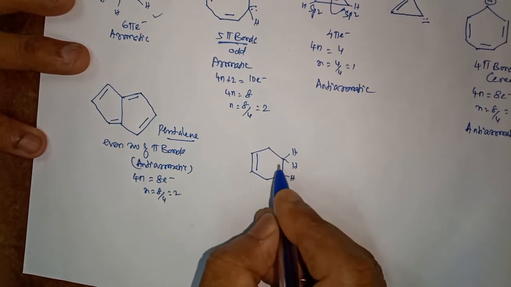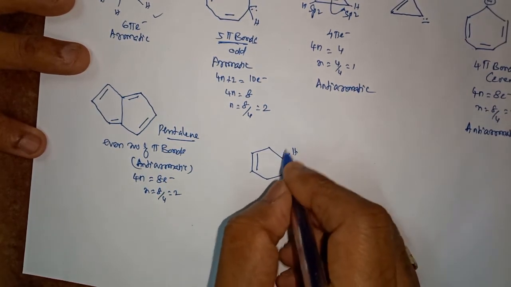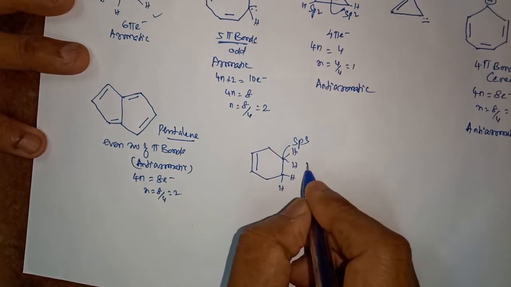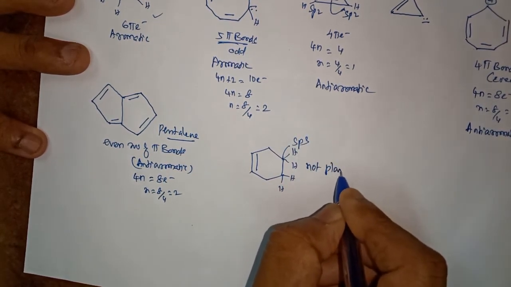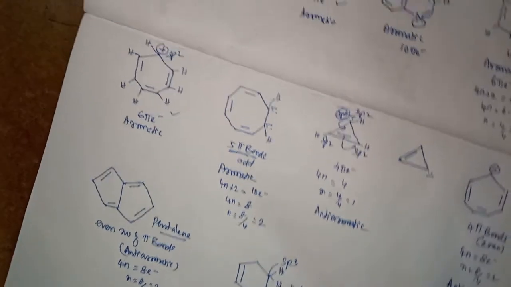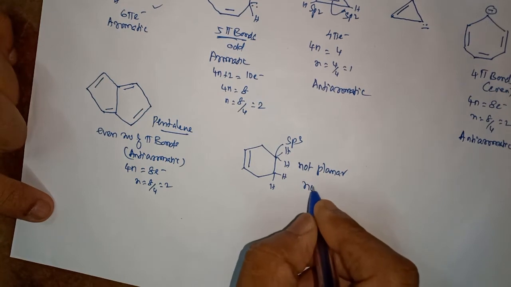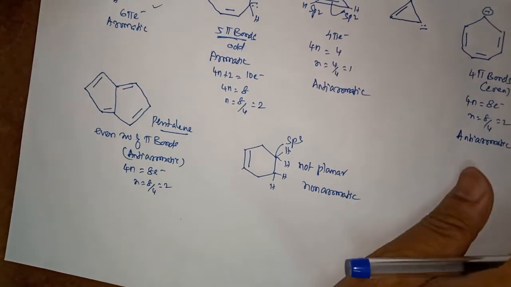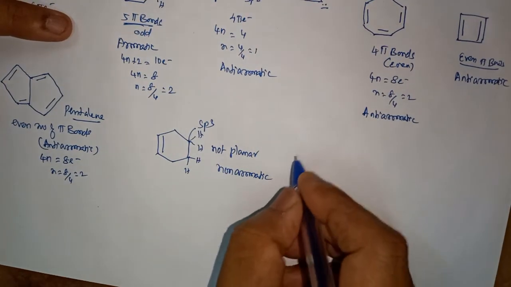So each carbon has 4 sigma bonds. 4 sigma bonds means sp3. sp3 hybridization means it is not planar. If it is not planar, it cannot be aromatic or anti-aromatic. It must be non-aromatic.